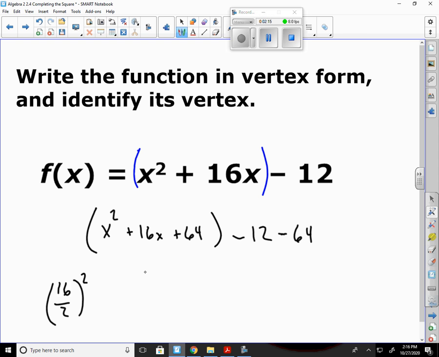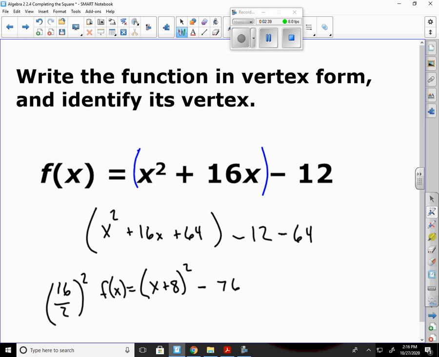Now, if you'll remember, we would do whatever's inside of here, x plus 8 squared. That's this thing broken down now. And then we do minus 12 minus 64. Negative 12 minus 64 will give me negative 76.